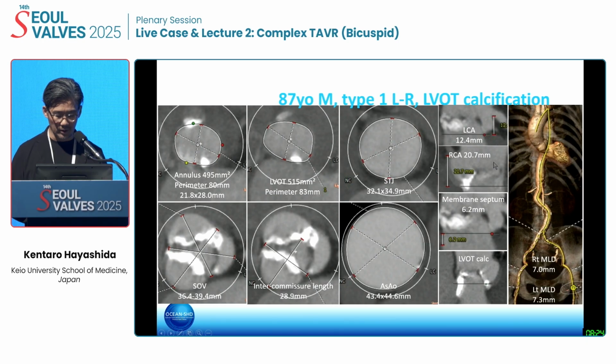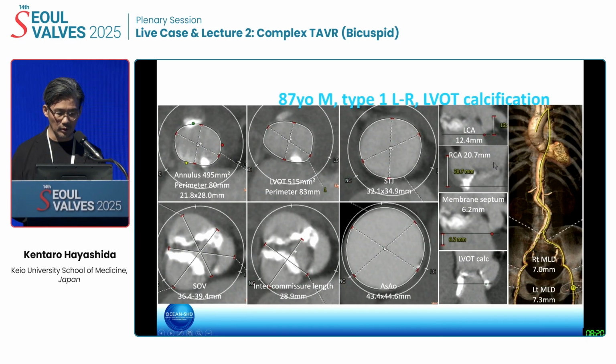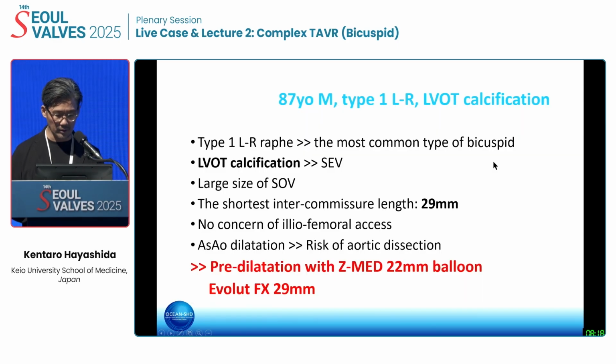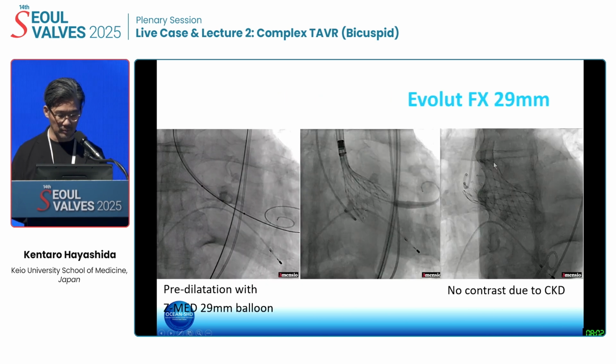And the intercommissural length 129, quite spacious. So therefore, the smallest part of this patient was the aortic annulus. And we also need to take care of the LVOT calcification. So therefore, we proceed with the Evolut FX 29 millimeter after pre-dilatation with ZMED 22 millimeter.